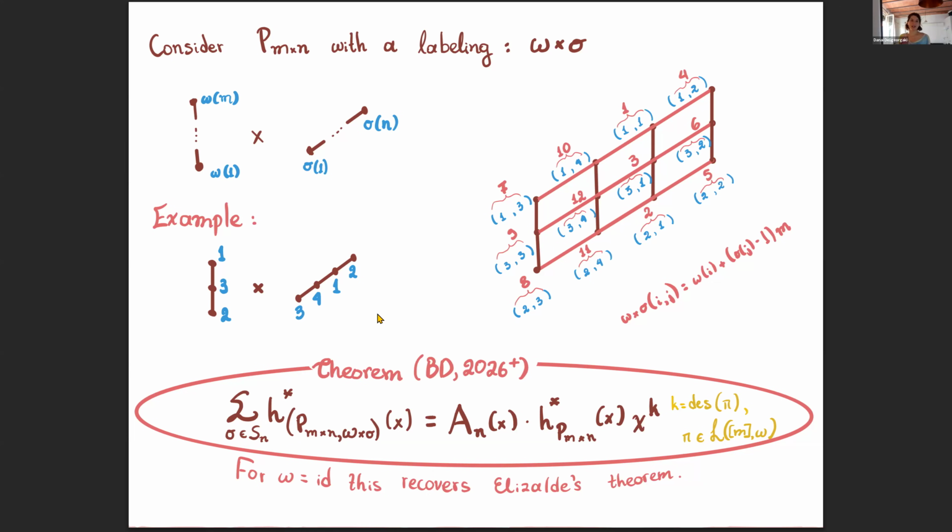And so immediately when I view these permutations in this setting, I can say more things about them.